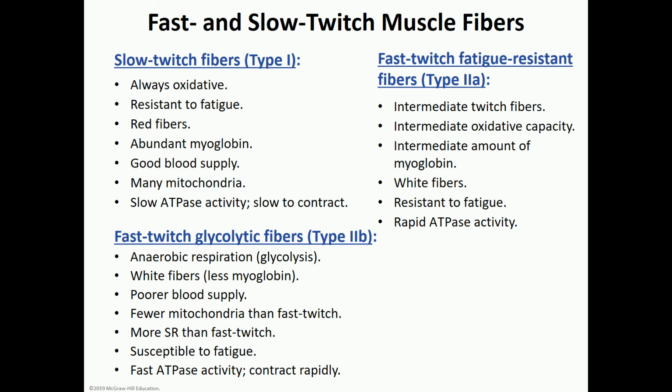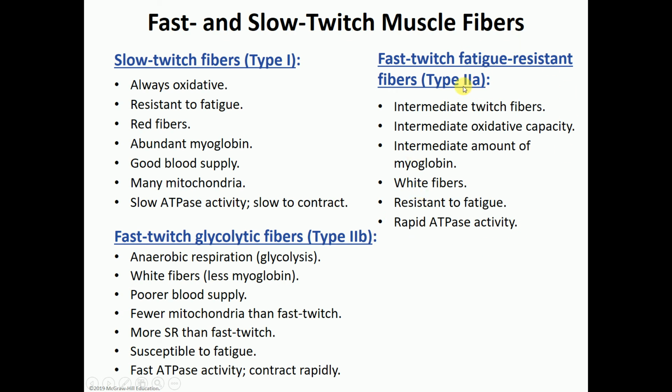They are susceptible to fatigue. So a lot of the times when you watch a race or when you're racing, you start that sprint and then you get a cramp. Okay, that's because of the poor blood supply and the fewer mitochondria that are found in these fibers. These fibers are supposed to get you sprinting, and these will make you finish up the race.